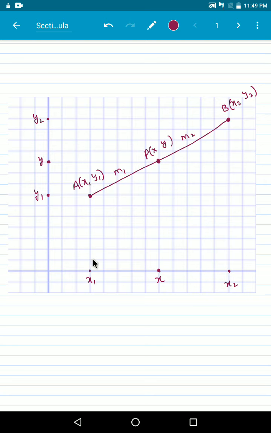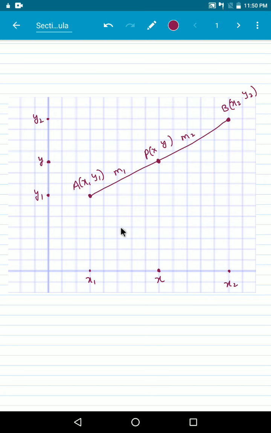That means here it is x1 and here it is y1. That's why this point is x1 y1. Similarly, point P, this one will be x and this is y. Okay, abscissa is x, ordinate is y. Here the abscissa is x2, ordinate is y2. That means this is x2 and this is y2.